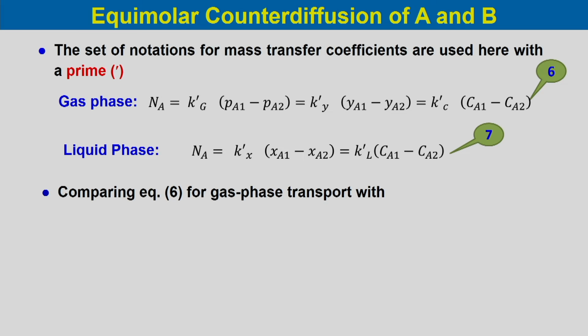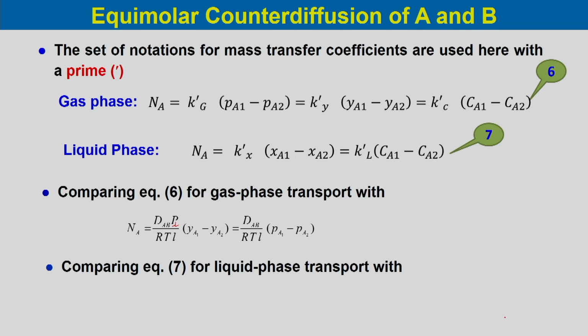Now, if we consider equation 6 for the gas phase transport with these relations, NA equal to dAB Pt by RTL yA1 minus yA2, which is equal to dAB by RTL PA1 minus PA2, then we can also compare equation 7 for the liquid phase transport with this relation.